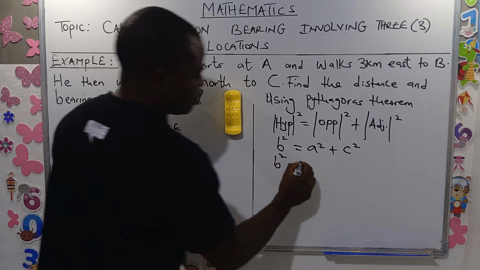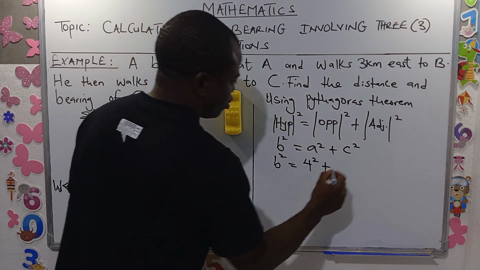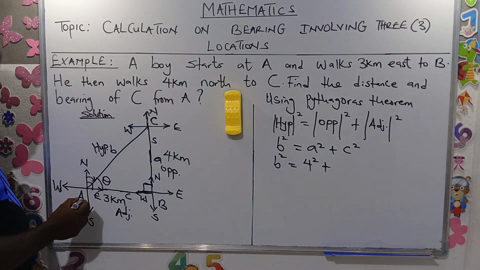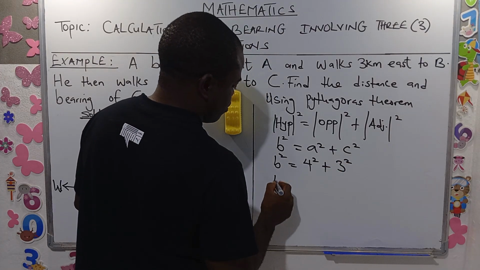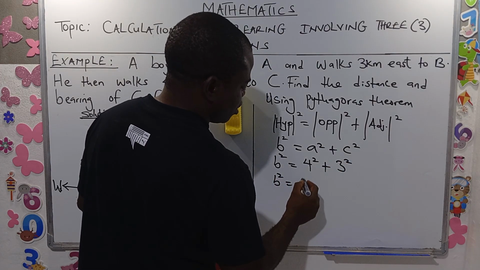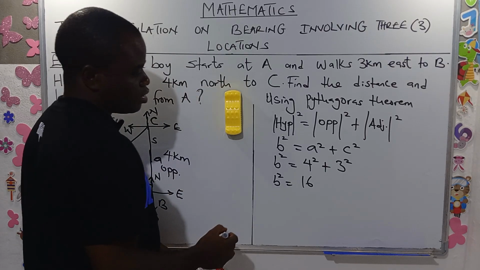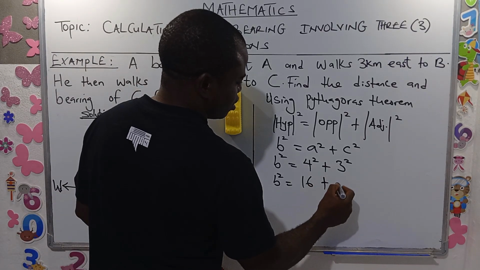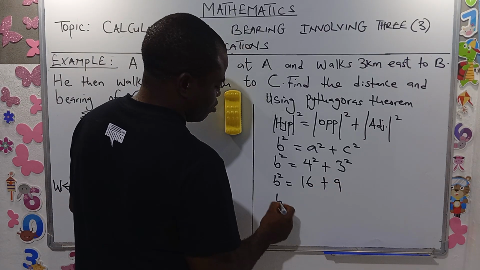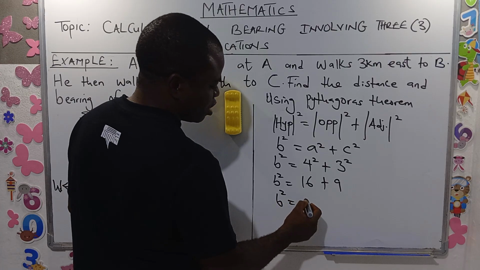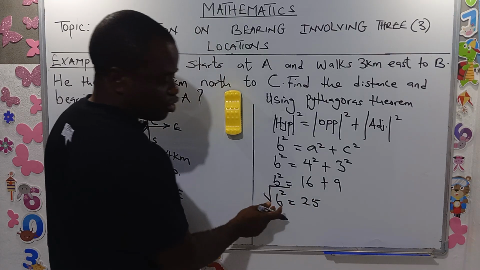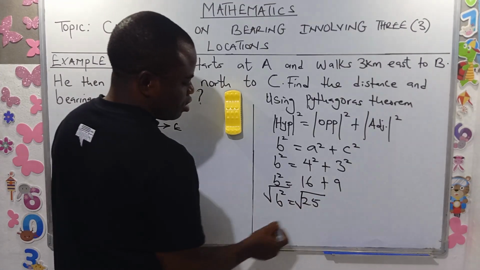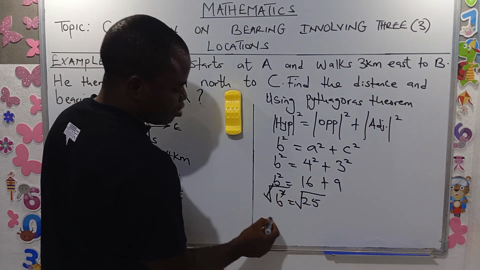Now b squared equals what's our a? Our a is 4 squared, plus what's our c? Our c is 3 squared. Now b squared equals 4 squared, which is 4 times 4, 16, plus 3 squared, that's 3 times 3, 9. Now b squared equals 16 plus 9, that's 25. Now find the square root of both sides to look for b. These two will now cancel, the square root and the square.